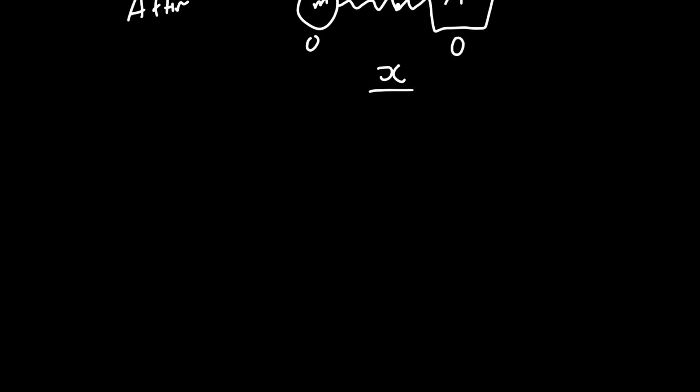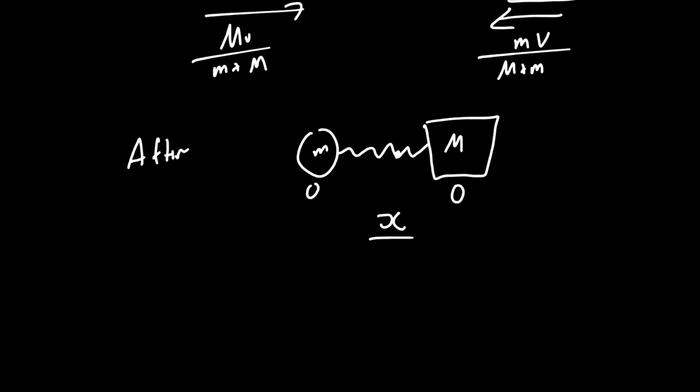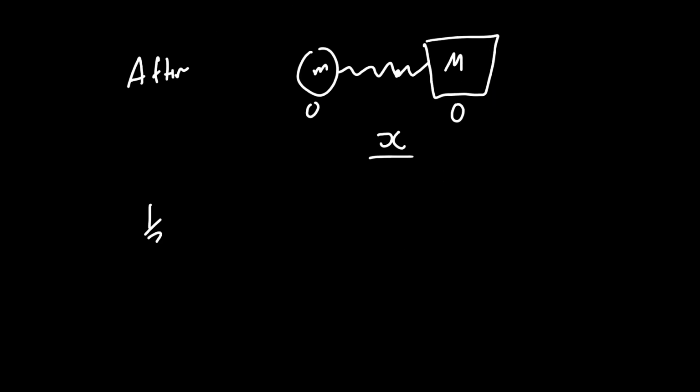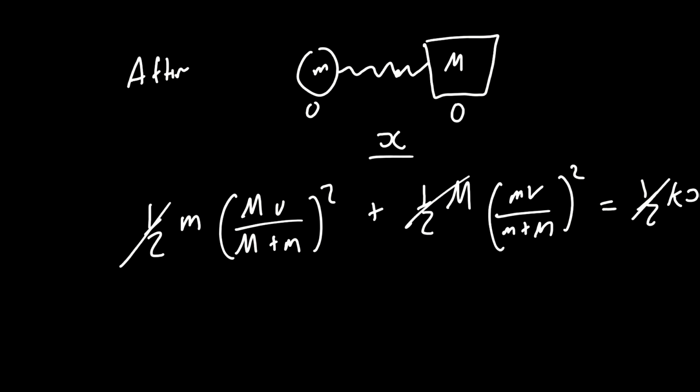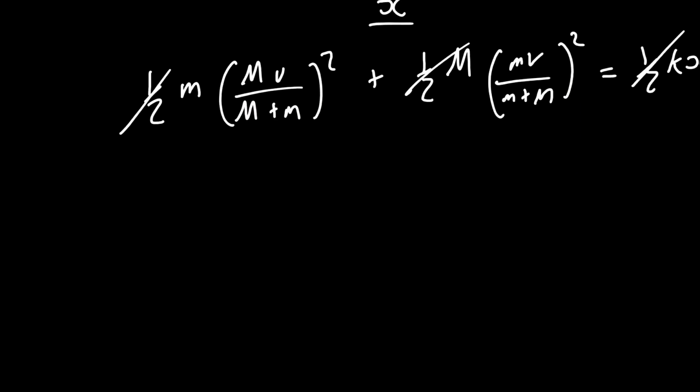And so, all we have to do now is conserve energy in this frame. Before, they have kinetic energies half m times big M v over m plus M, squared, plus half big M times little m v over little m plus big M, squared, and that equals half k x squared. All I have to do is get rid of the halves, and then factorize as much as I can. So I can factorize out m plus M all squared.